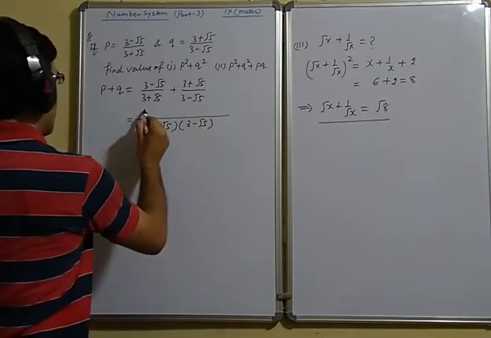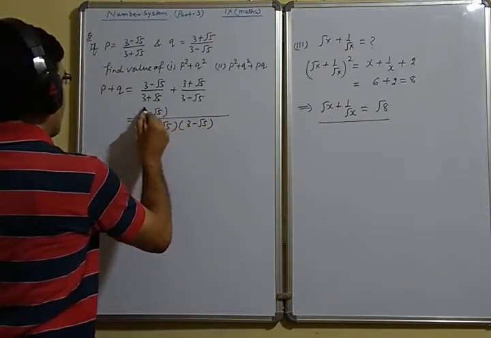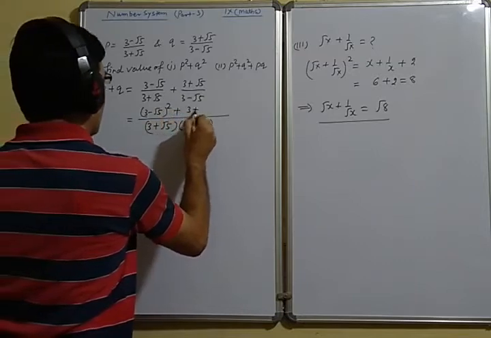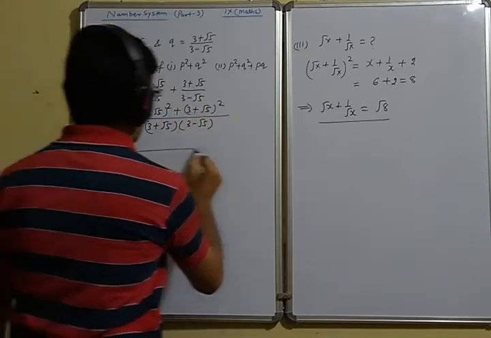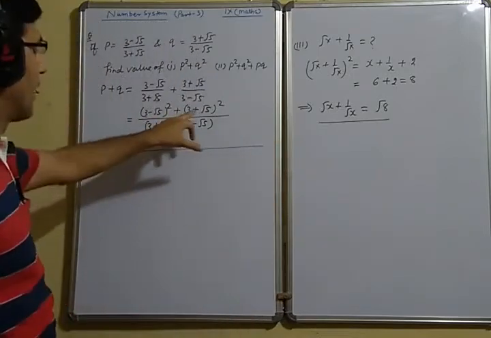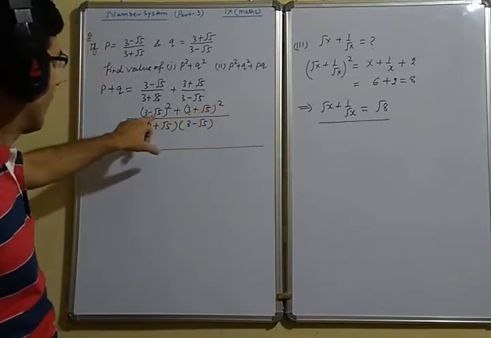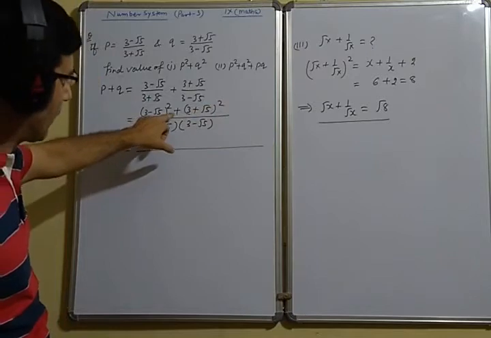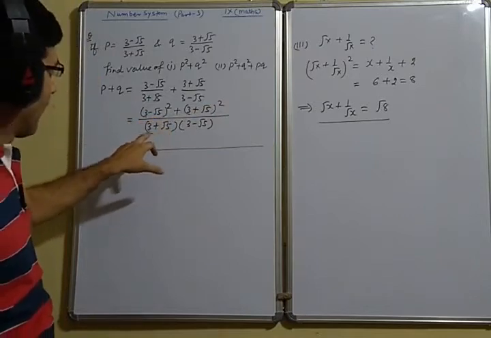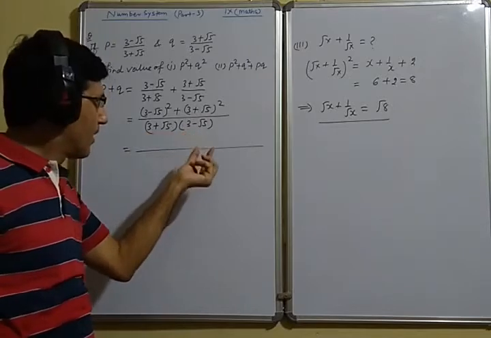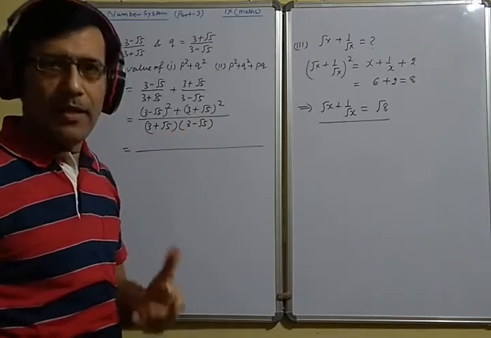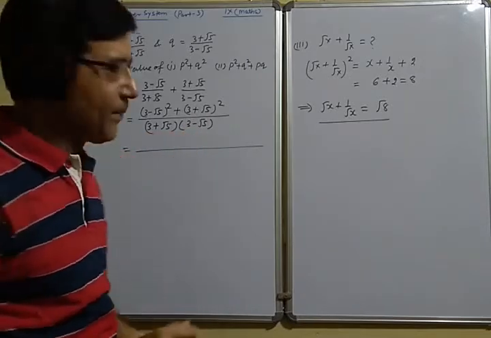The numerator becomes 3 minus root 5 whole square plus 3 plus root 5 whole square. Here we'll apply the formula a plus b whole square and a minus b whole square, and in the denominator the identity a square minus b square.